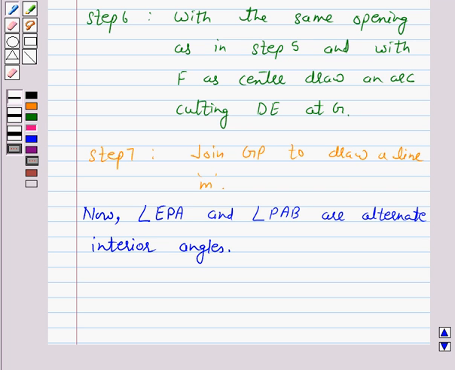And we know that when the transversal cuts two lines such that pairs of alternate interior angles are equal, the lines have to be parallel. Therefore, M is parallel to L.